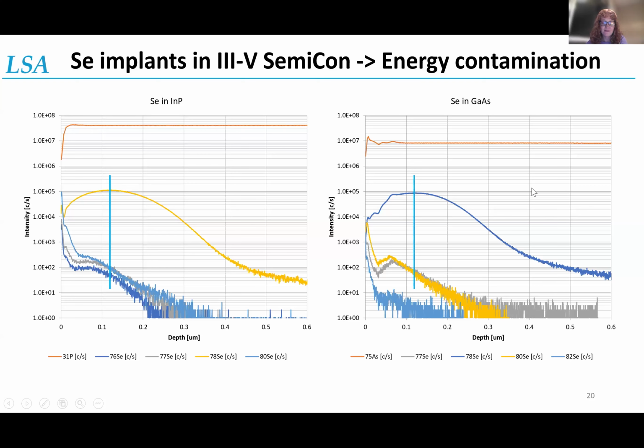If anyone wants a fun little project, it would be great to see some more work on energy contamination of ion implants, because it would be nice to finally work out why this happens, and why it's different from different ion implanters. It's not consistent between different machines.